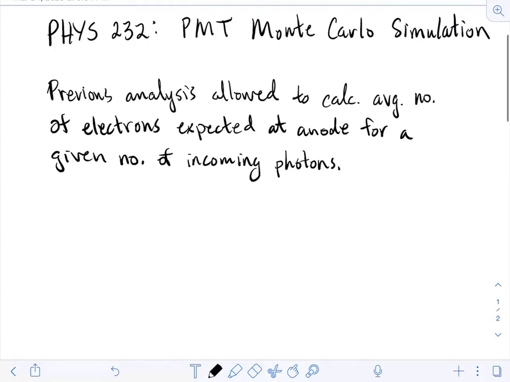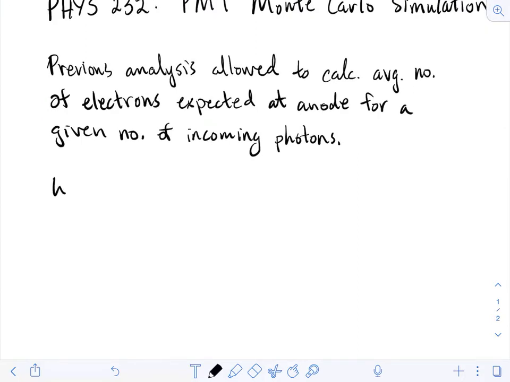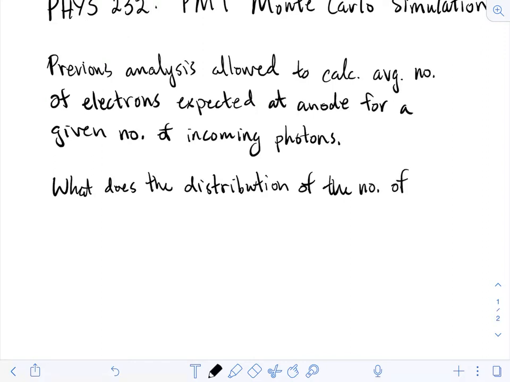So the question is, what does the distribution of the number of electrons arriving at the anode look like?